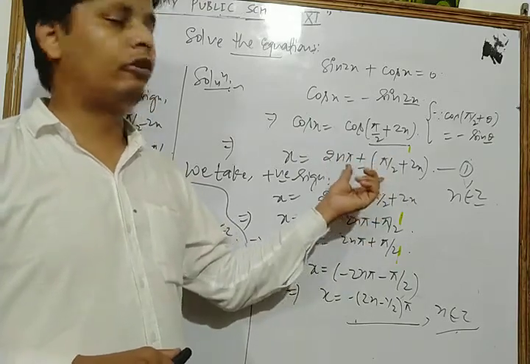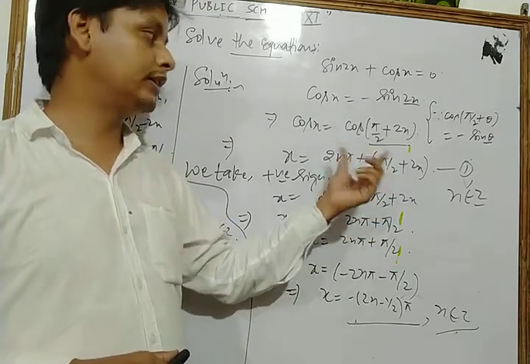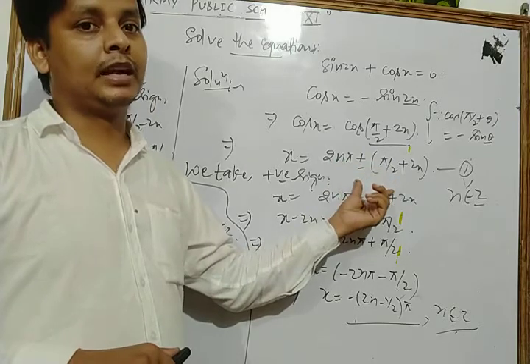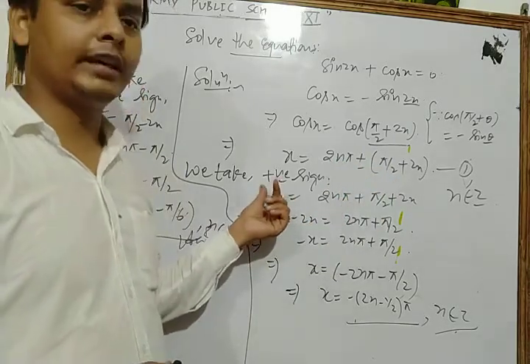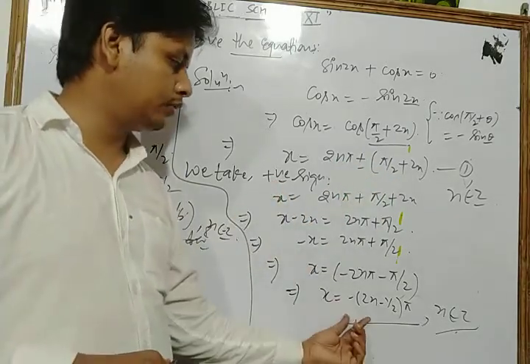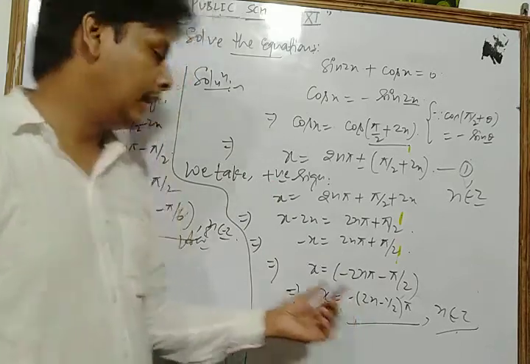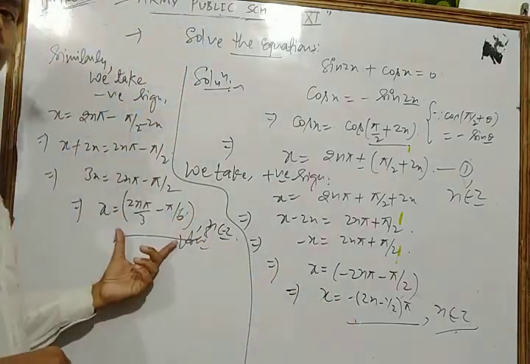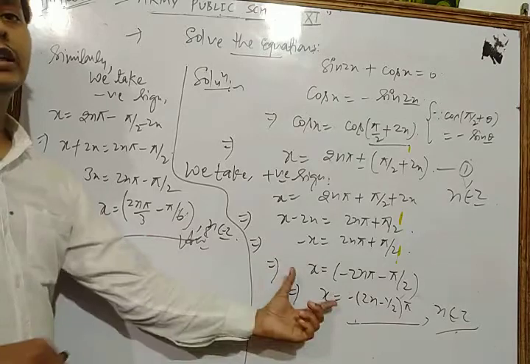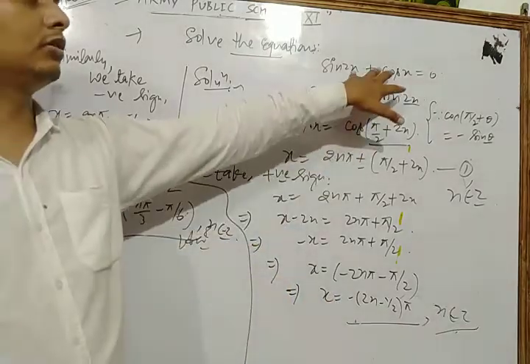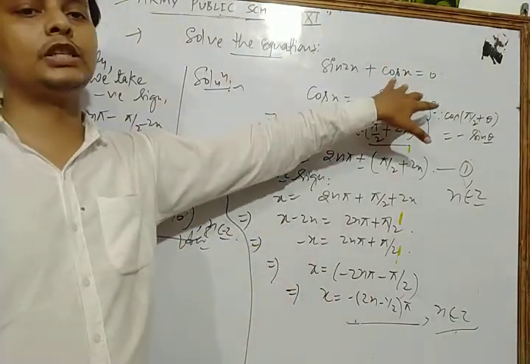That formula we discussed in the previous class, and we also proved that result. Now we take the positive sign, so we get this value, and when we take the negative sign we get this value. So both are the general solutions of the trigonometry equation sin 2x plus cos x is equal to 0.